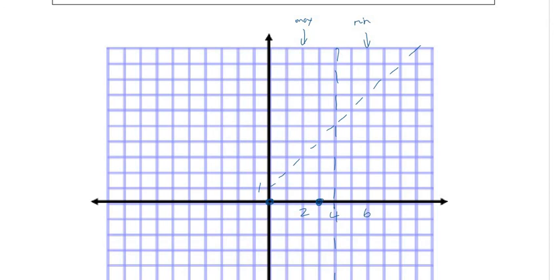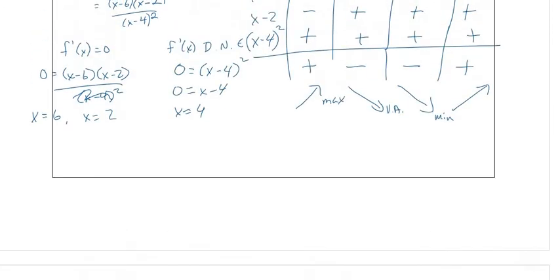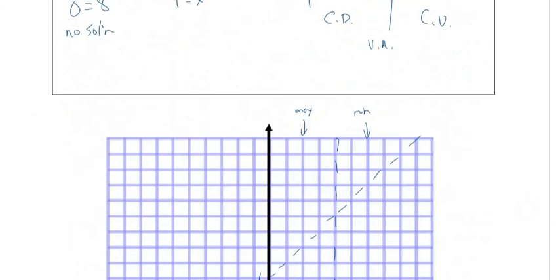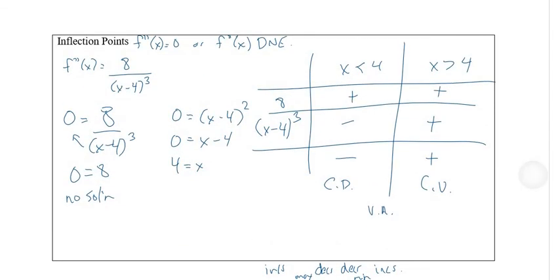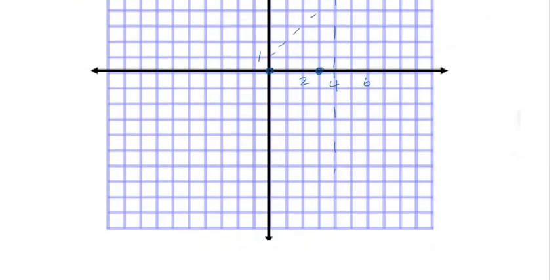And then we're going to have increasing to decreasing, decreasing to increasing. Okay, and then we said for concavity, it's very simple. We're just going concave down to the left of the asymptote and concave up to the right.